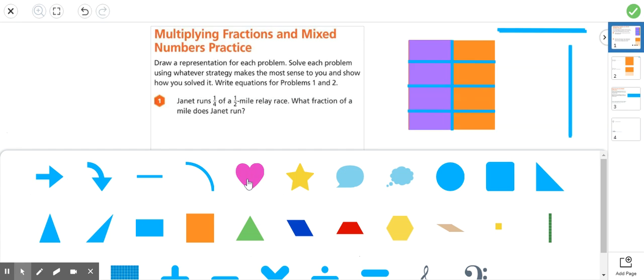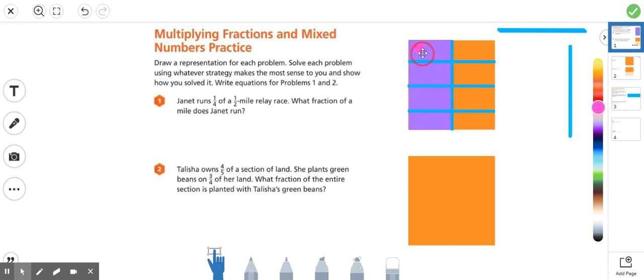So what I'm going to do, it's hearts this time, is I am going to fill in 1/4. So 1/4 would be this piece all the way across. Okay? But I'm really going to be looking at, well, what piece. So Janet did 1/4 of a half.